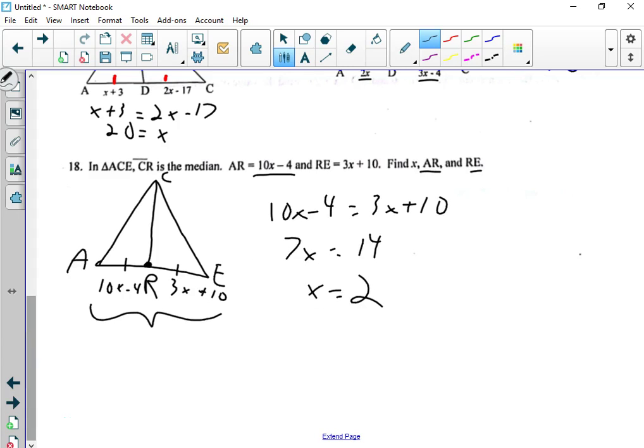Well, if we plug 2 in, either one, because they're equal, 2 times 3 is 6, plus 10 is 16. So, I say AR and RE are 16 each, or each 16, either way.